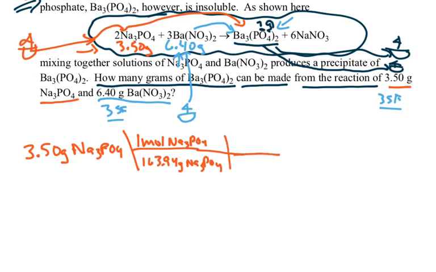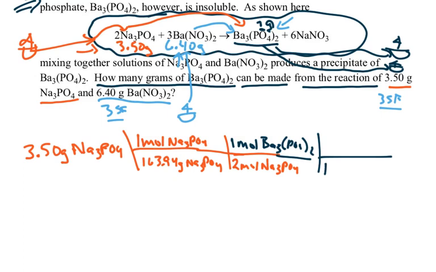Okay, now look at the reaction. We have 2 moles of Na3PO4 for every, what color are we going to? We're going to this color. For every 1 mole of barium phosphate. May as well go that last step. For every 1 mole of Ba3PO4 to there's 601.84 grams.